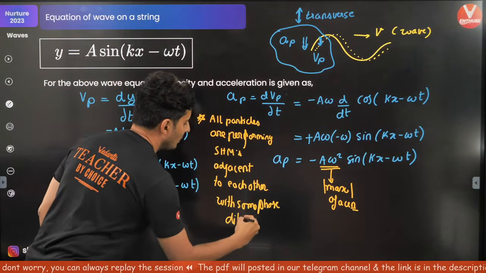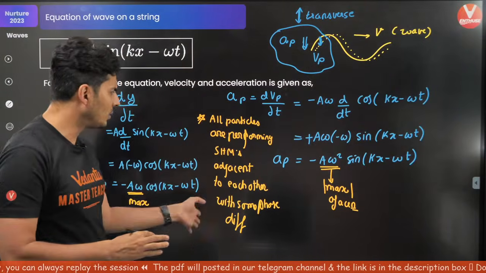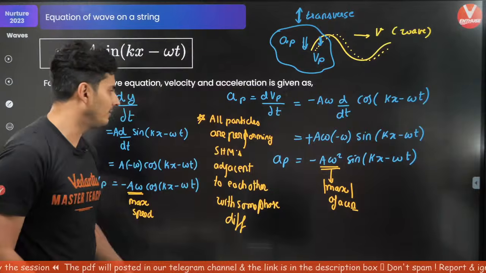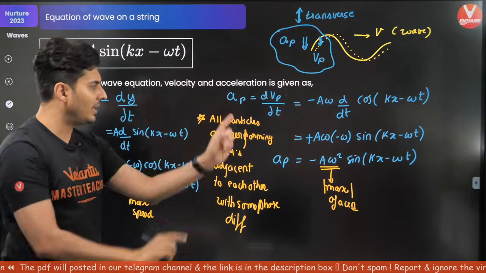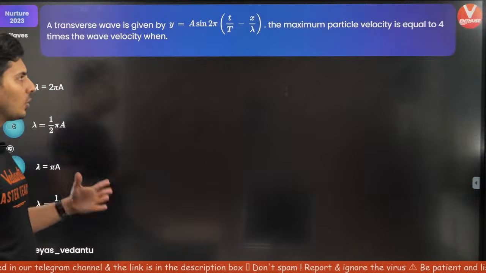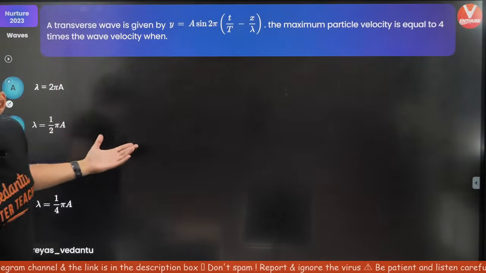I have given you that formula. Delta phi is 2 pi by lambda into delta x. You can find how much is the phase difference between any two particles of a wave. So all the particles keep going up and down. They perform SHMs adjacent to each other. That's why it's very closely related to SHM.